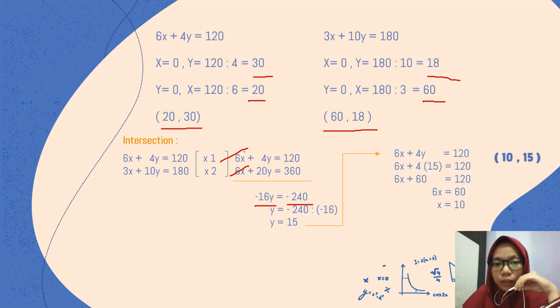So y is equal to minus 240 divided by minus 16, and then the result is 15. And then next we find the value of x. We substitute the y value into the first equation and then we get x is equal to 10. So the point is (10, 15).